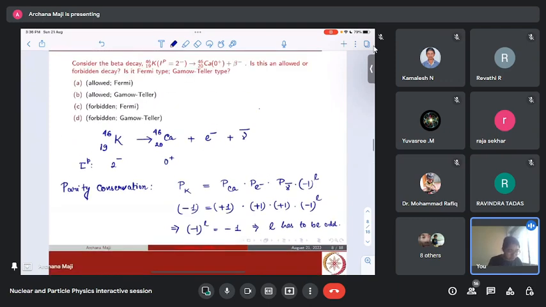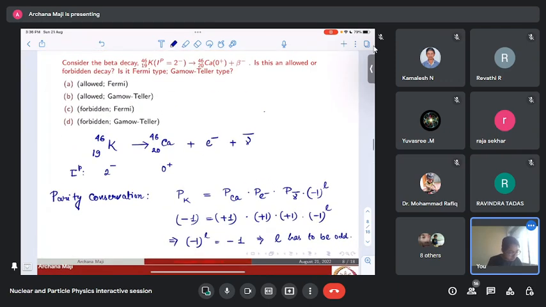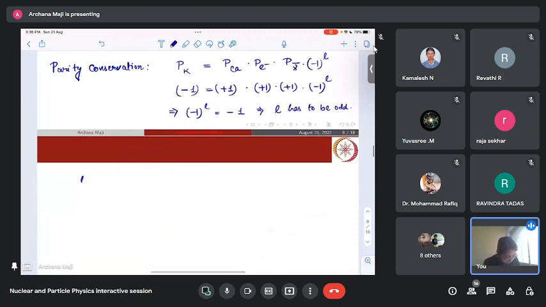And we know that if L is greater than 0, then that beta decay is less likely to occur.